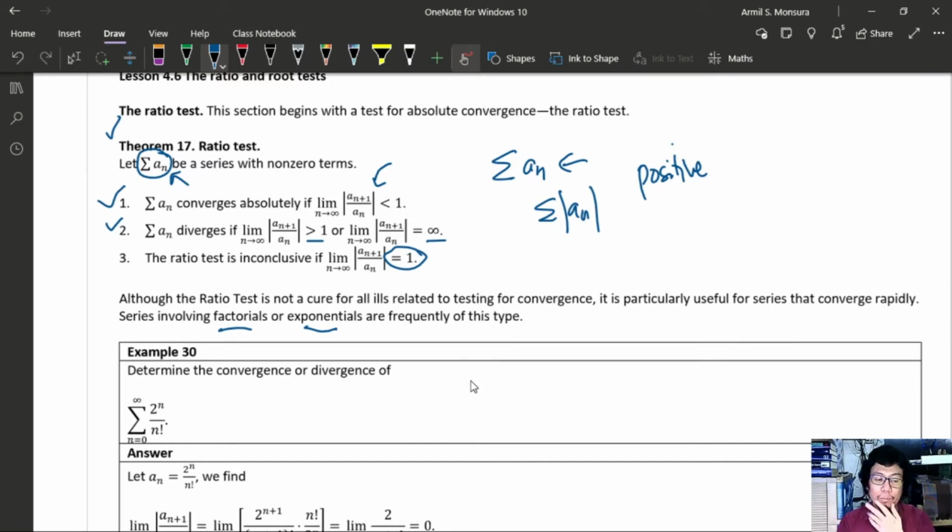And number two, most of the time they would return a conclusive result. It's either it would tell that it would converge absolutely, or it would diverge. And there are times that the ratio will become inconclusive.